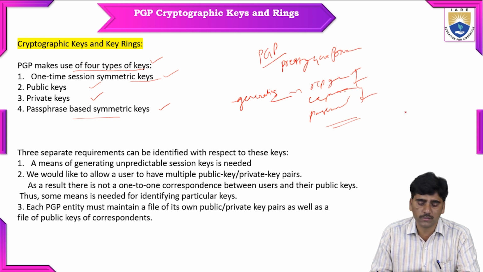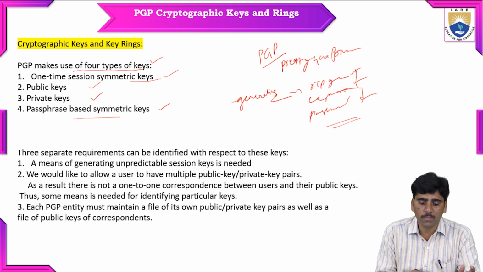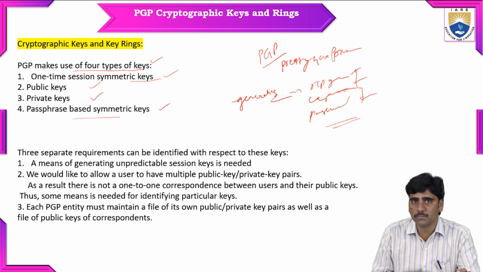What are these 4 types? One is one-time session keys, that is symmetric keys, second is public keys, third is private keys, and fourth is passphrase based symmetric keys.